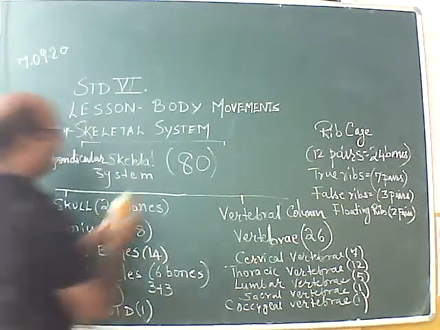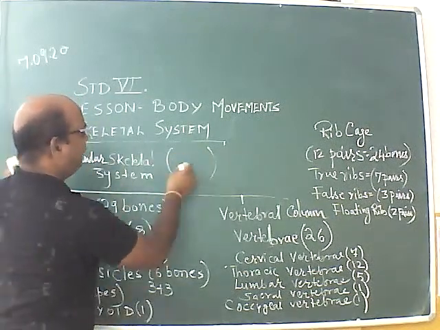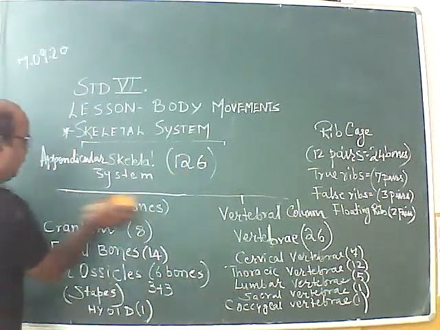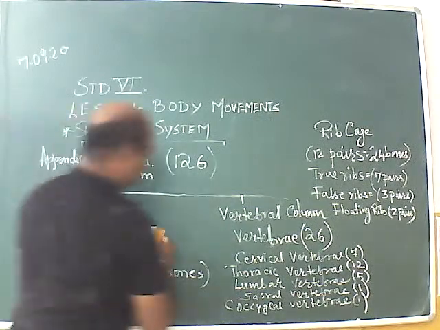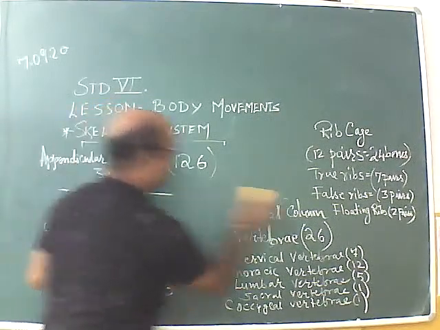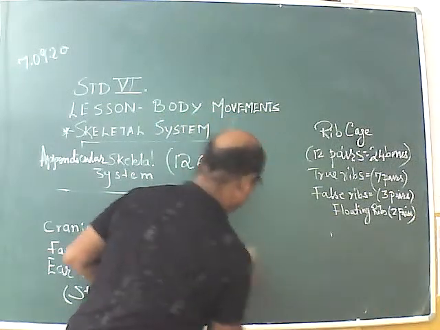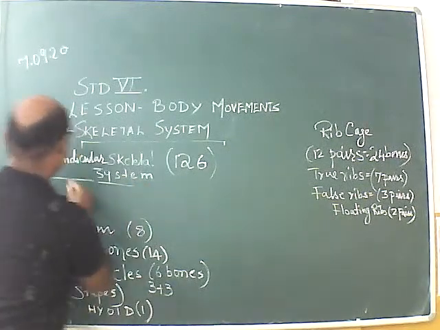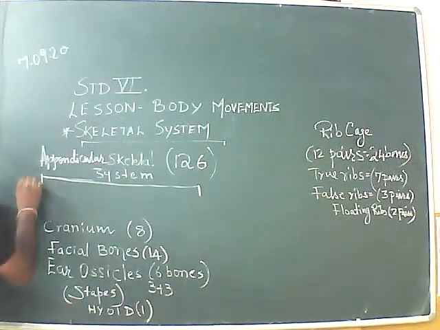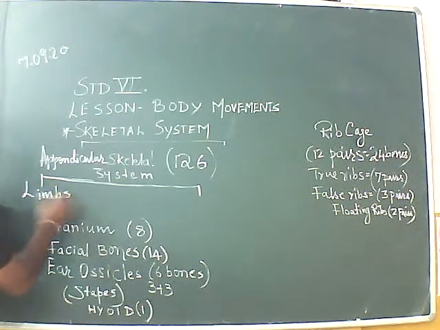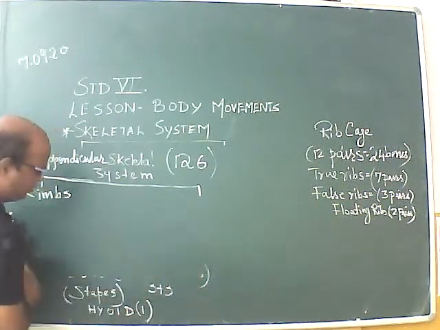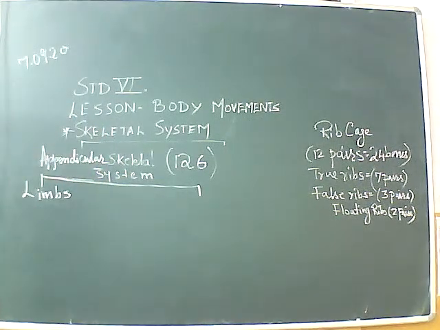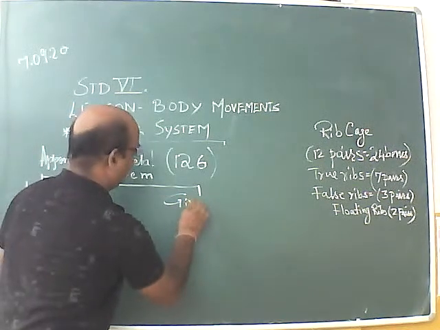In the appendicular skeletal system, how many bones? 126 bones will be there. And here in the appendicular skeletal system, which bones will we find? Limbs. Limbs means hands and legs. And girdle.